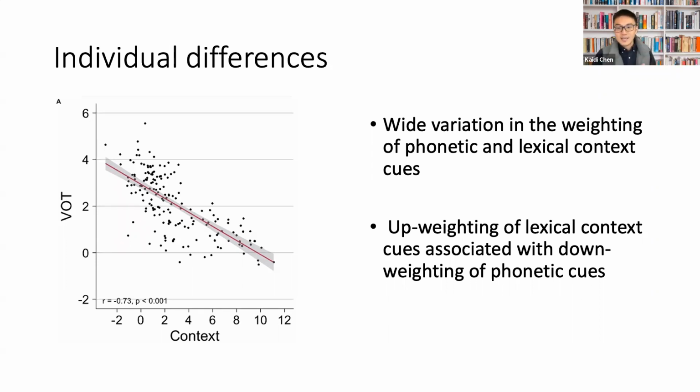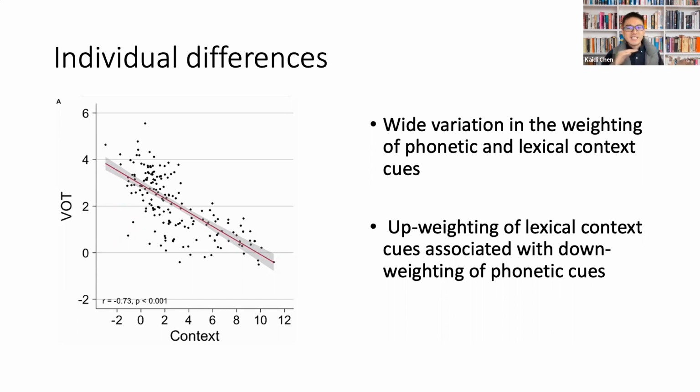So in our data set, we clearly see that individuals do show a wide range of variations in the reliance or weighting of lexical context, and also wide variations of the weightings of VOT.